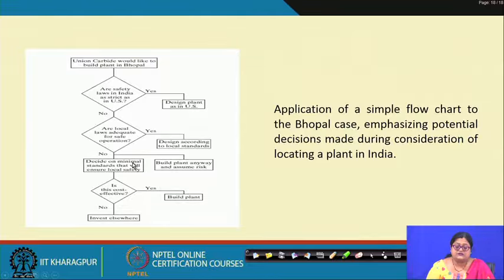And what if you are moving by cost effectiveness? It also talks somewhere of your willingness. Are our safety laws in India as strict as in the US? If yes, design the plant as in the US. If no, then you are going for actions which are somewhat of a compromised nature.